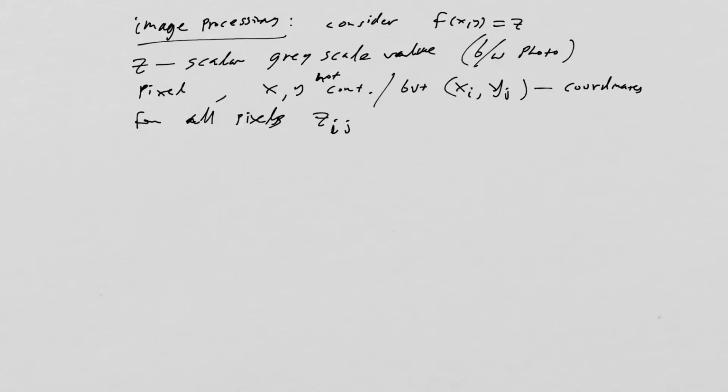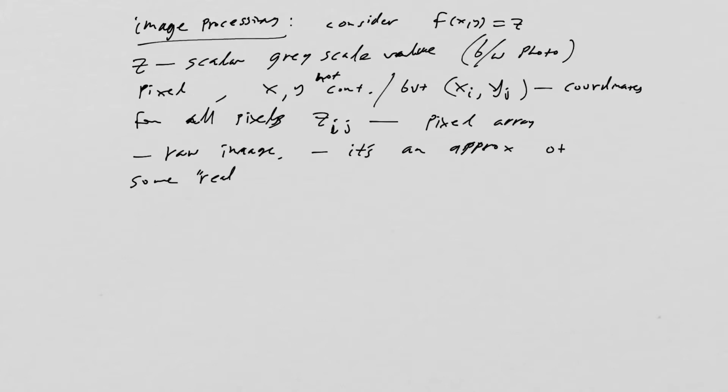All right. So of course this pixel array is what I would call the raw image. And of course, it's an approximation of some real image that's continuous.